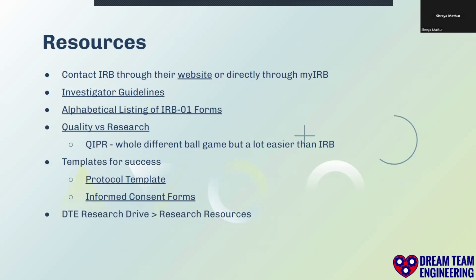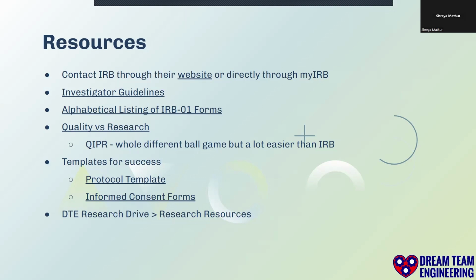Quality improvement basically is improving the process, like the overall patient quality, the quality of their experience at the hospital. Anyway, we found out that the MRI study was a QIPR study.